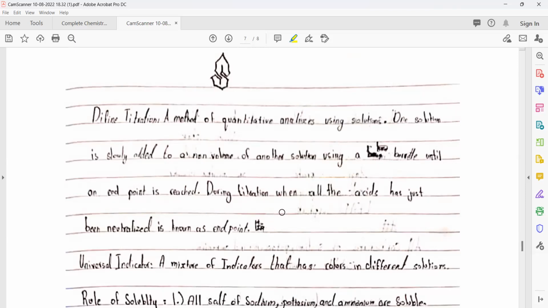During titration, when all the acid has just been neutralized, it is known as the endpoint. I will tell you. I don't know what's written here, but I'm going to explain it to you. What happens during a titration? It is a quantitative method.